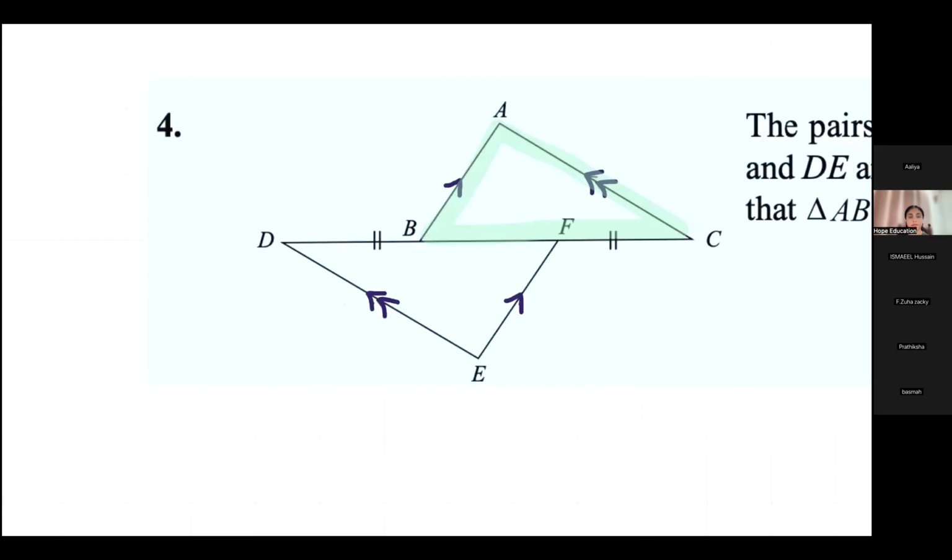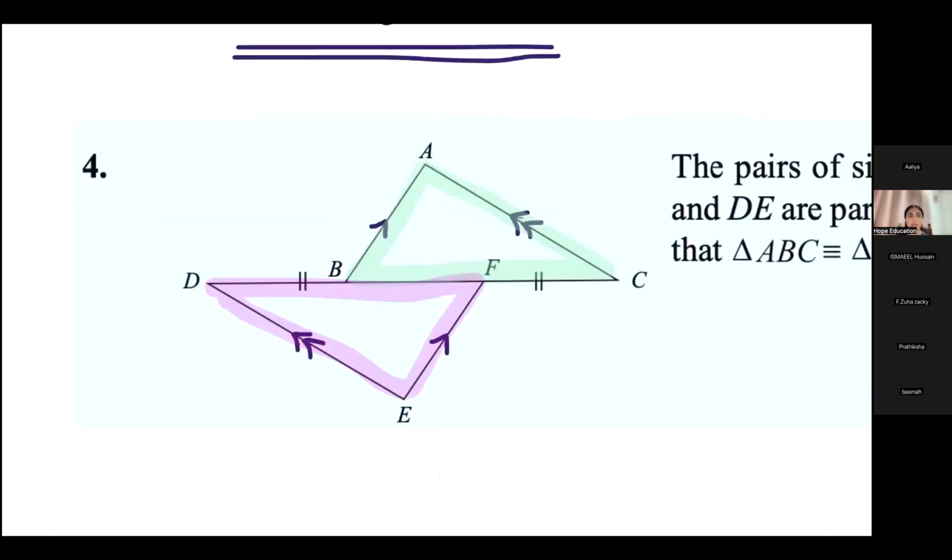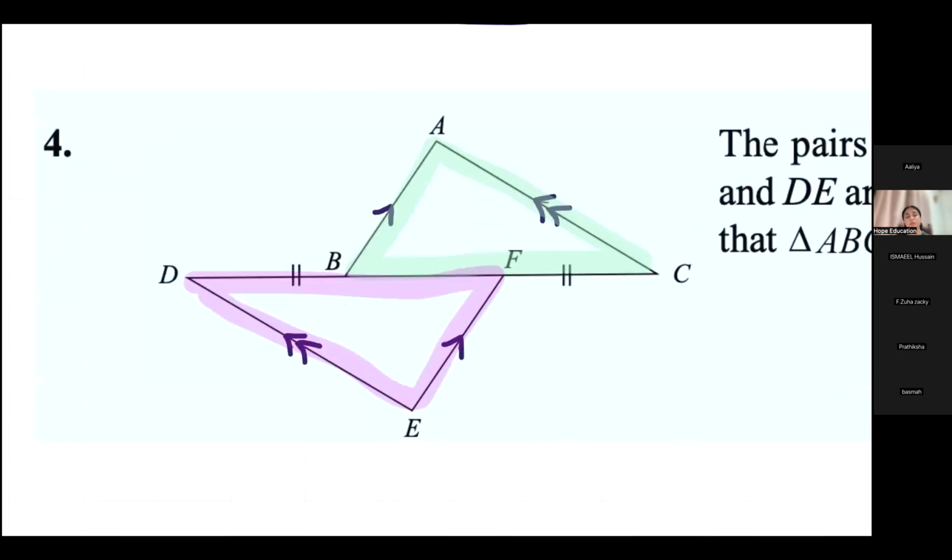This triangle. We have to show that they are congruent. Okay, we'll see what the equal elements are. What are the equal elements?